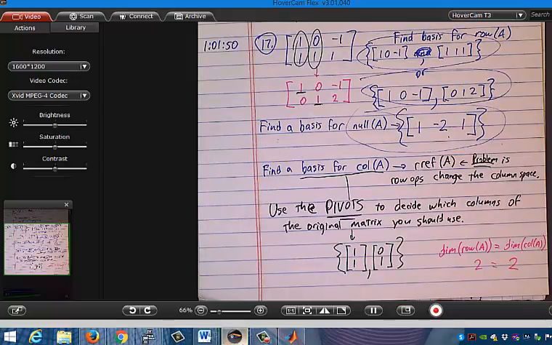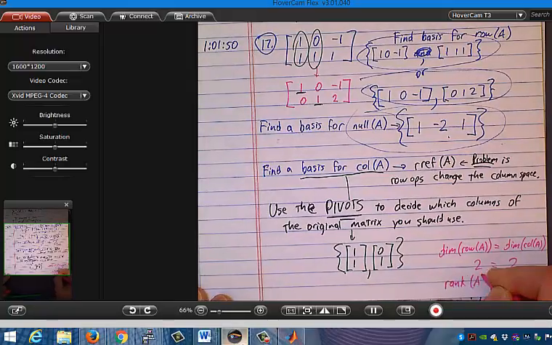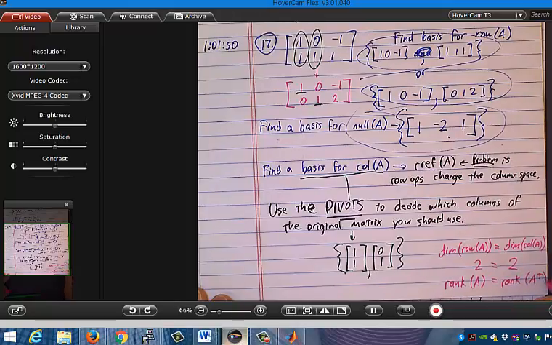That's what's called the rank of a matrix. Another nice fact, which is related to this, is that the rank of A is equal to the rank of A transpose. And that's kind of surprising, I guess.